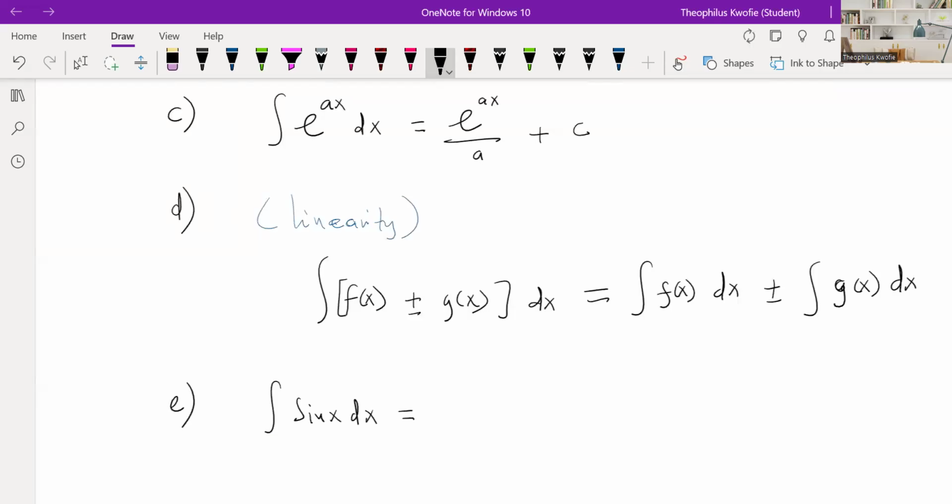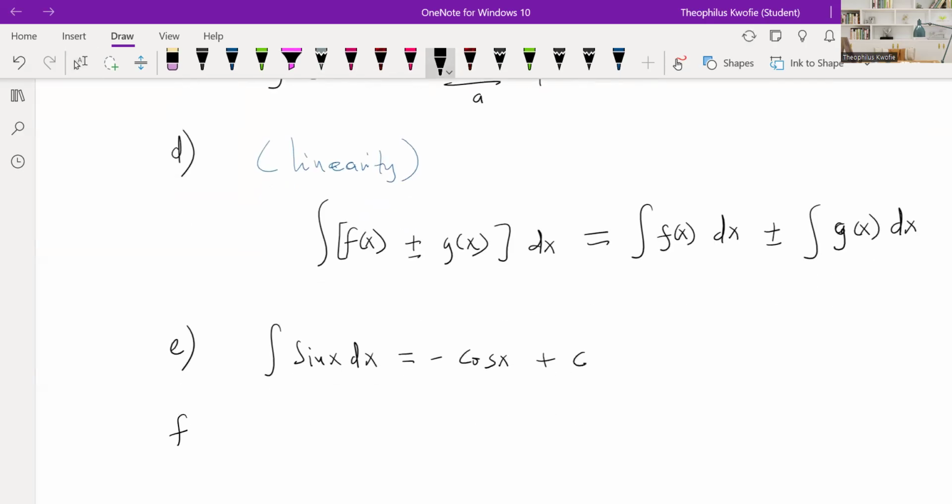What I ask myself is, what function has its derivative to be sine x? What function do we differentiate to get sine x? And that is minus cosine x. Then we add the constant c.